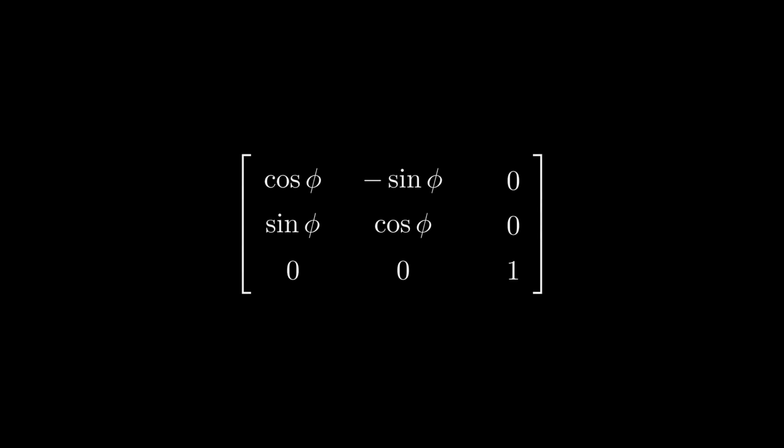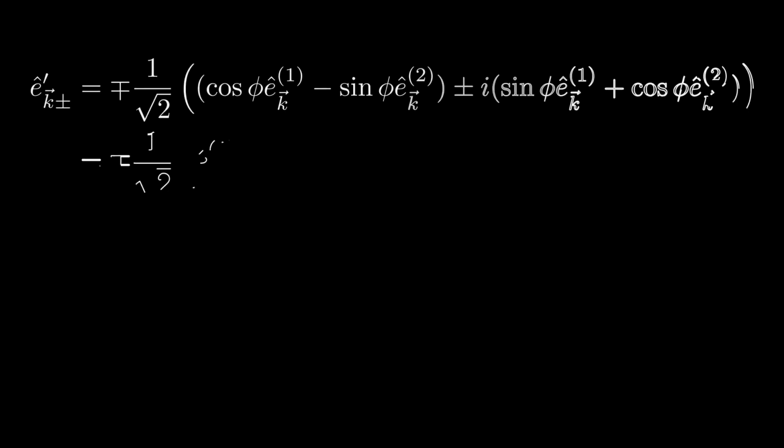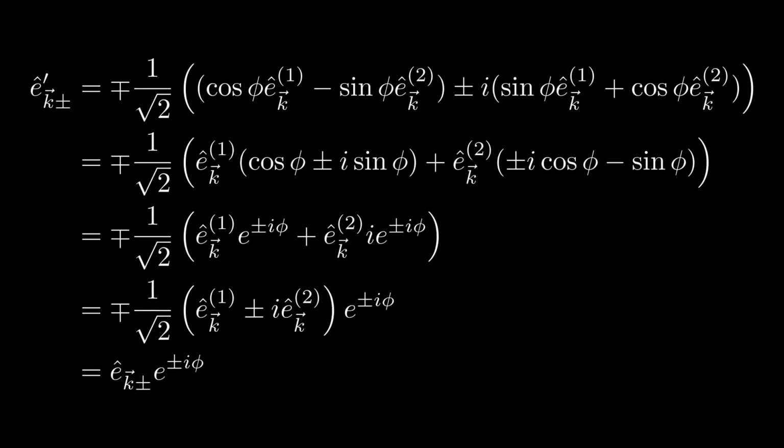If we rotate about the photon direction k, the linear unit vectors e hat k1 and 2 transform in the following way. Applying these to our full unit vector, e hat k plus minus, we eventually get back to the same unit vector multiplied by a phase factor e to the i phi. This tells us that the photon is a spin 1 particle. Had the photon been spin half, we would have picked up a 1/2 factor in the phase.